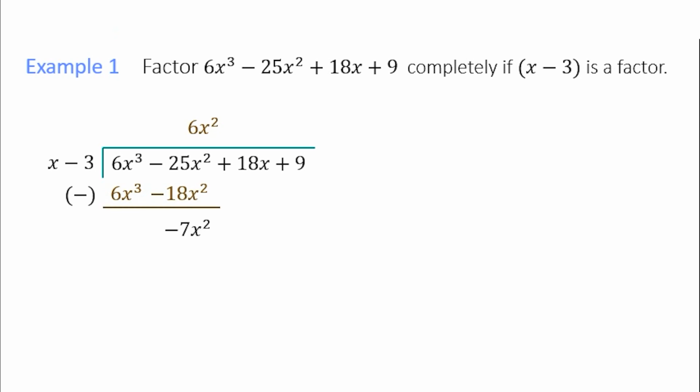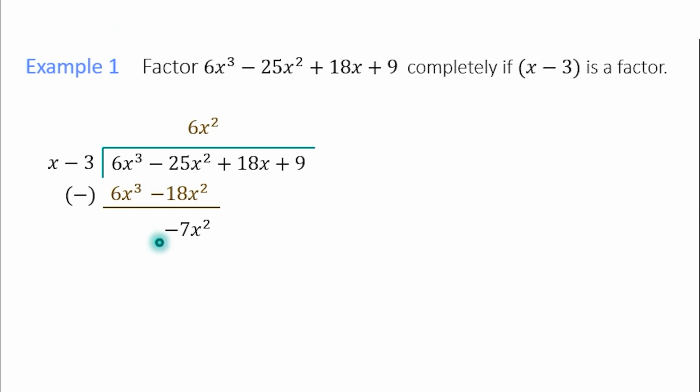So the first bit will be 0, but then -25x squared minus -18x squared will be -7x squared. Make sure that you have both negative signs, which will become a positive. So at the end, I will do -25x squared plus 18x squared.